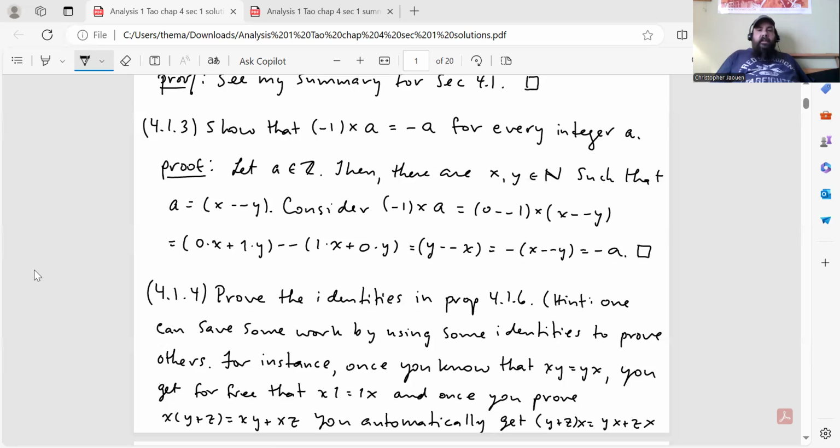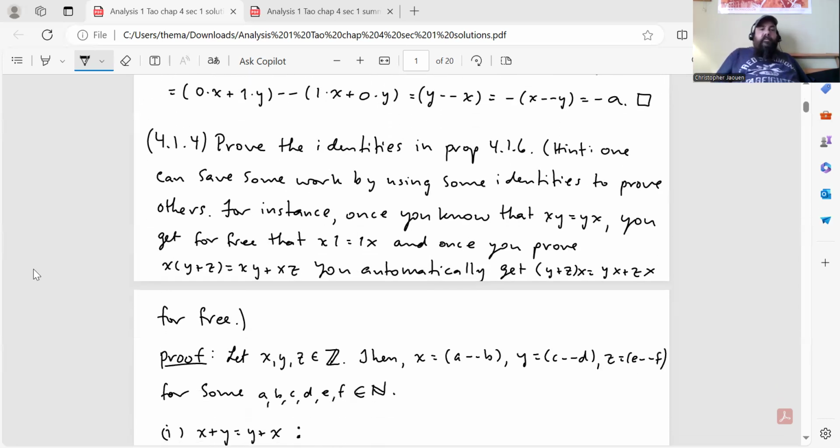And then when you simplify, you get y--x, which is equal to the negation of x--y, which is the negation of a. And that's the proof.